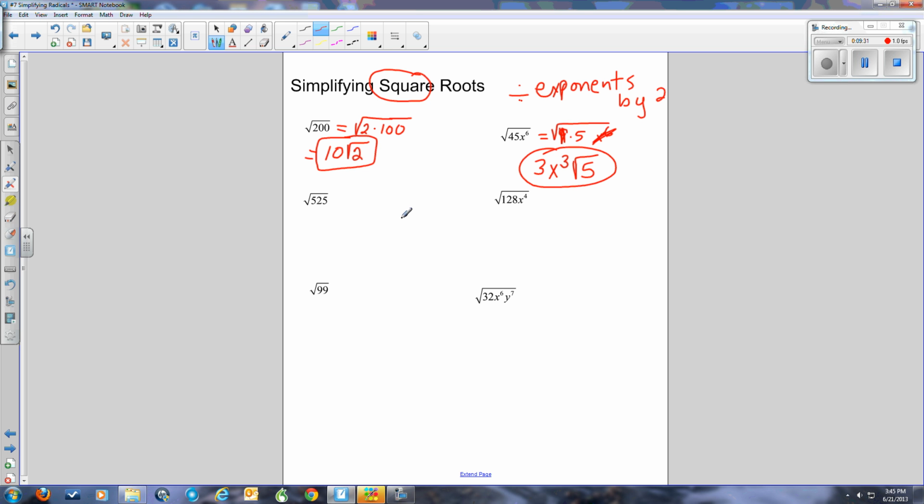Next one. Let's say we have the square root of 525. The square root of 525 is equal to, well, we can't take the square root of 525 and get a whole number. So let's see if we can break it down. We could break that into 25 times 21.